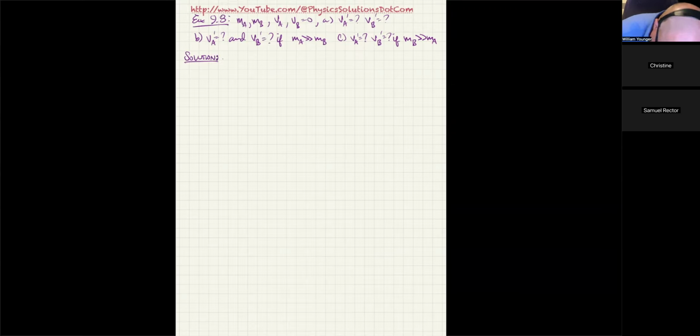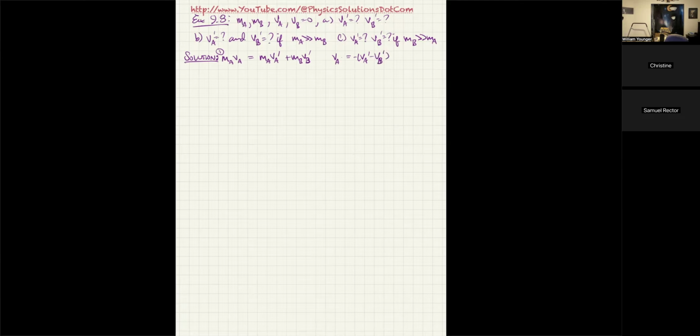We already know that this is a collision that's elastic, and we're assuming the net external force acting on the system is 0, so that the momentum is conserved. That means we have MAVA, remember, plus MBVB, but the VB is 0, is equal to MAVA prime plus MBVB prime. That's going to be equation 1. But we also know, as a result of the derivation we did earlier, that VA minus VB, which is 0, is equal to negative parentheses VA prime minus VB prime.